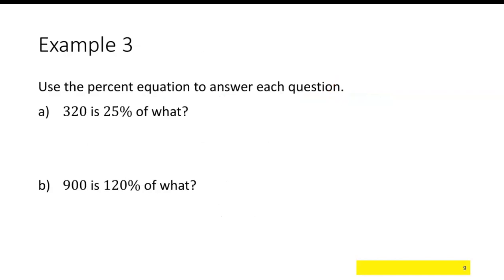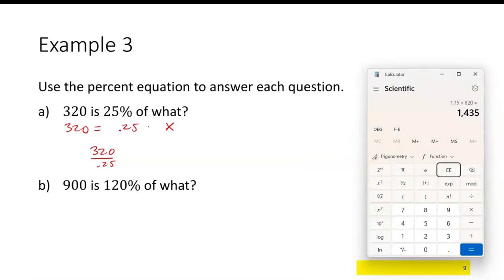So 320 is 25% of what? So this would be 320 is equal to 0.25 times some unknown. So in this case, I'd go 320 divided by 0.25, and that would be 1,280, I believe. Let's check. 320 divided by 0.25 is 1,280.